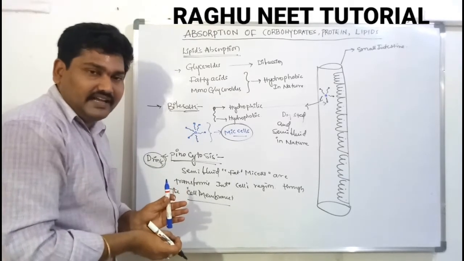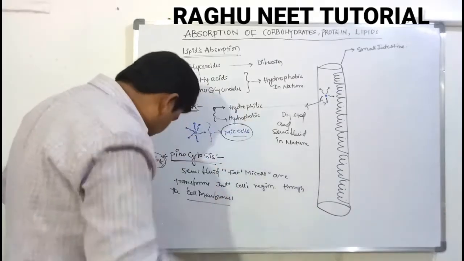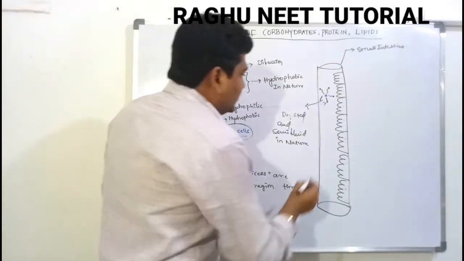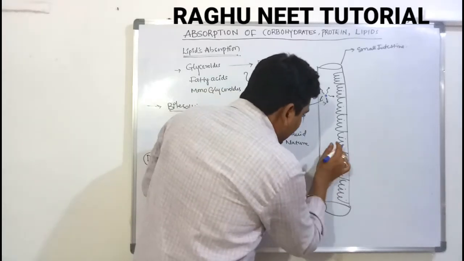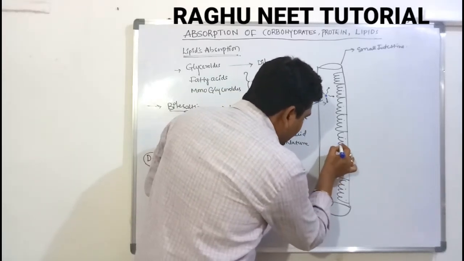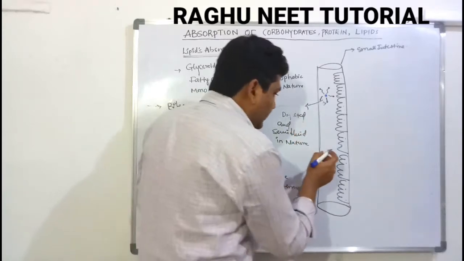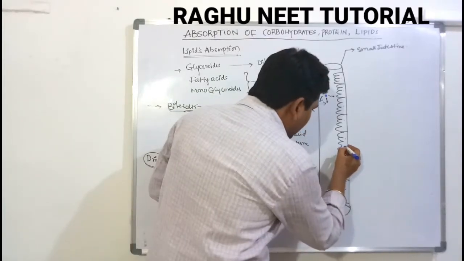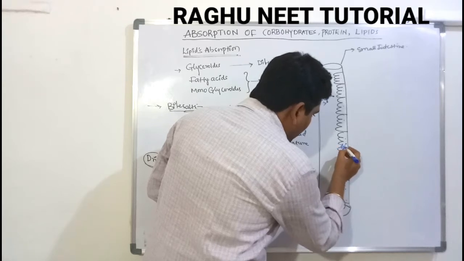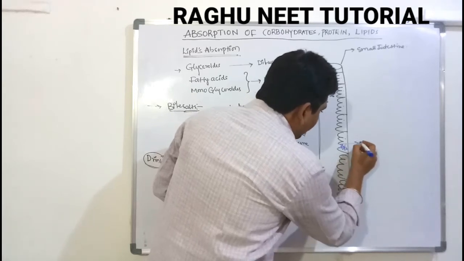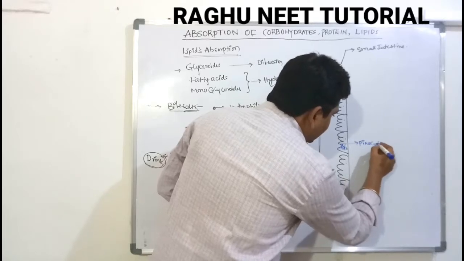The process is called pinocytosis. The micelles enter and attach, forming a depression where they are attached. This process is called pinocytosis.